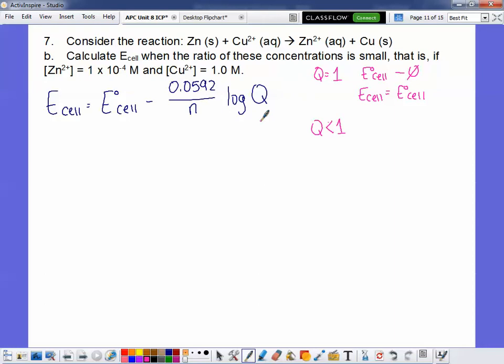So you're going to end up doing E cell minus a negative, so it'd be E cell plus some term X. So E of the non-standard cell would be greater than the standard cell.